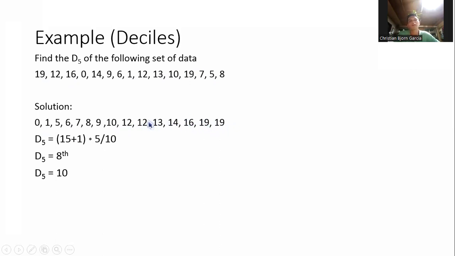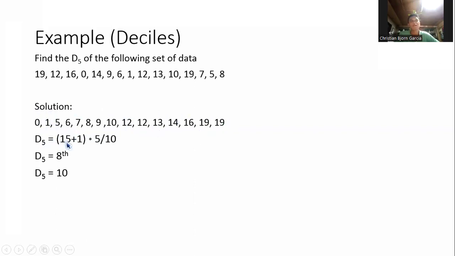Now we know that the formula for deciles is d sub x is equal to (n plus 1) multiplied by x over 10. And our x here is 5, or it is d sub 5. And our n here is 15 because the total number of values is equivalent to 15.